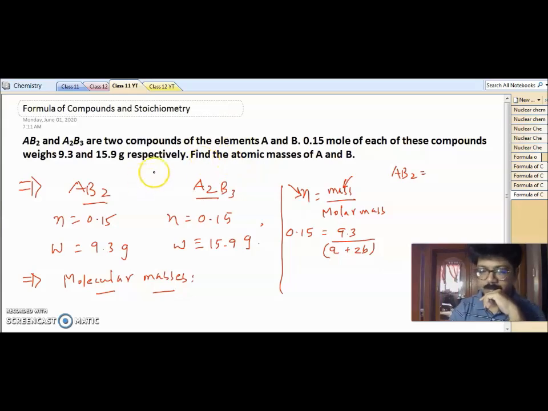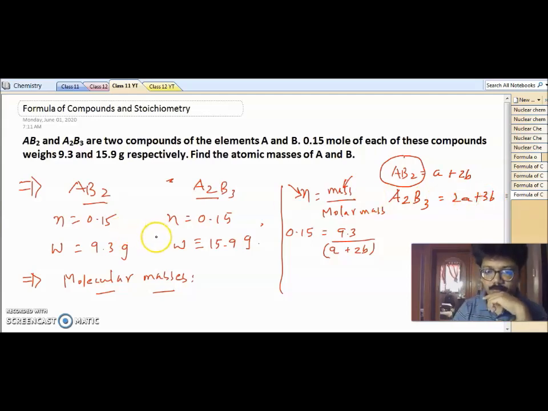So the molecular mass of AB2 can be written as the number of atoms of A, 1, multiplied by its atomic mass, plus the number of atoms of B, 2, multiplied by its atomic mass. The same way we can write the molecular mass of A2B3 as 2A plus 3B.